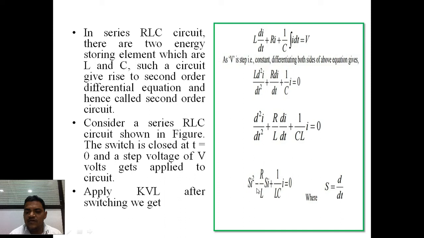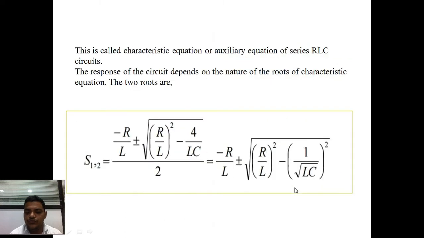Therefore s square plus R by L s plus 1 upon LC equals 0. This is called the characteristic equation or auxiliary equation of the series RLC circuit.